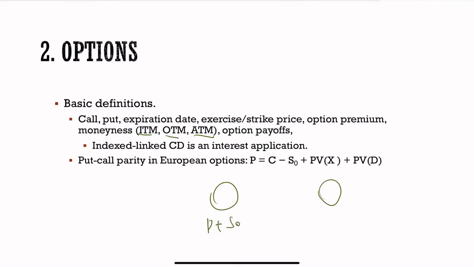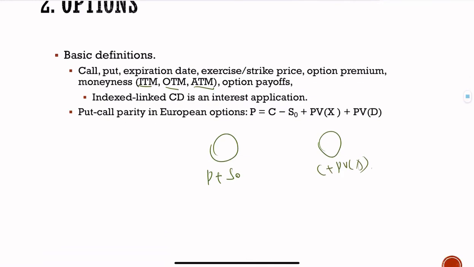The second one is call plus bond, right? And then we said these two portfolios will give you the same payoff. So they should have the same present value. This will give you the put-call parity without dividend.